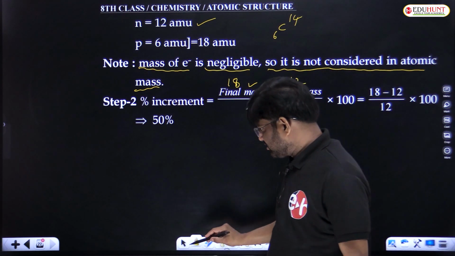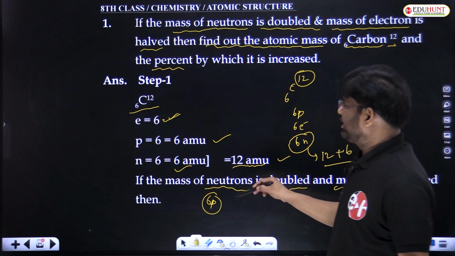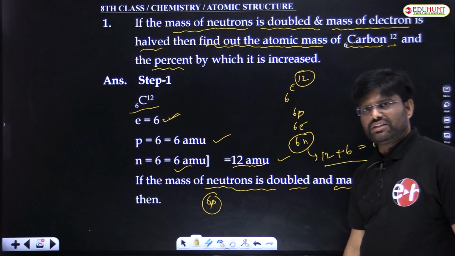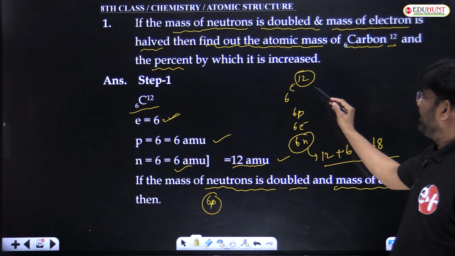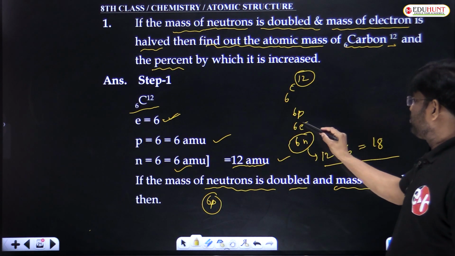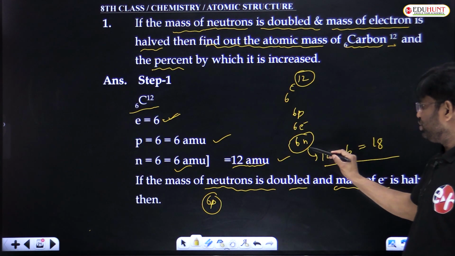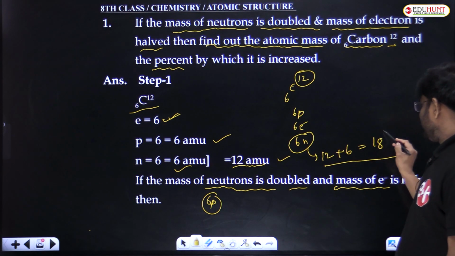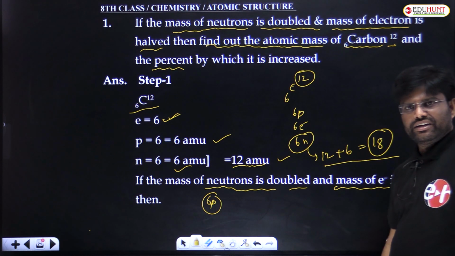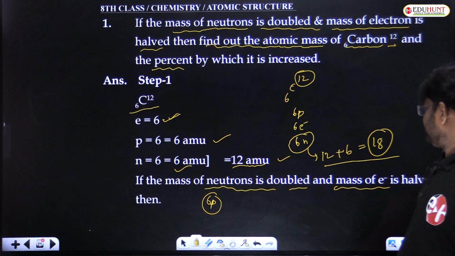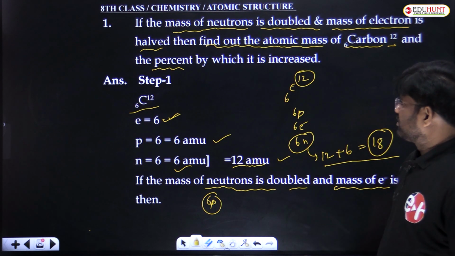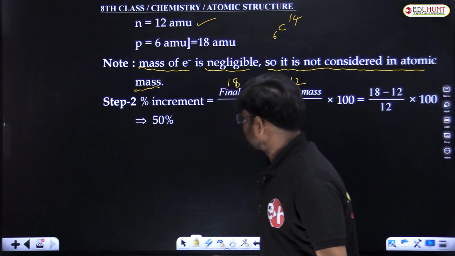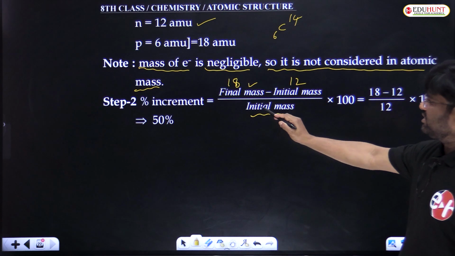See this question: C 6 12, protons 6, electrons 6, neutrons 6. But according to this data, total is 18 only. I want the percentage of increment.